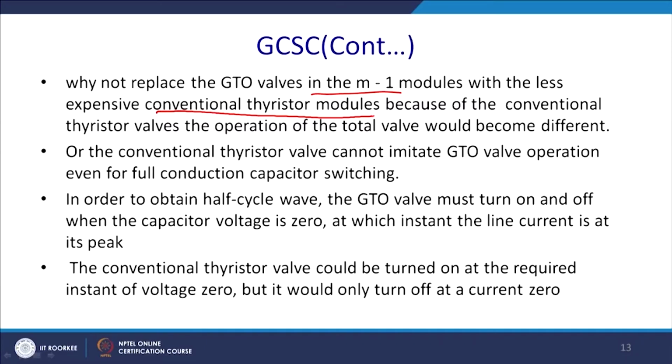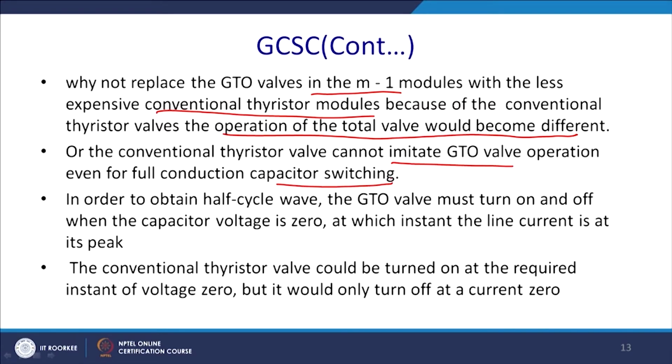So, a less expensive conventional thyristor module, but the operation of the total valve would be different, because the conventional thyristor valve cannot imitate the GTO valve operation even in the full condition of the capacitor switching.